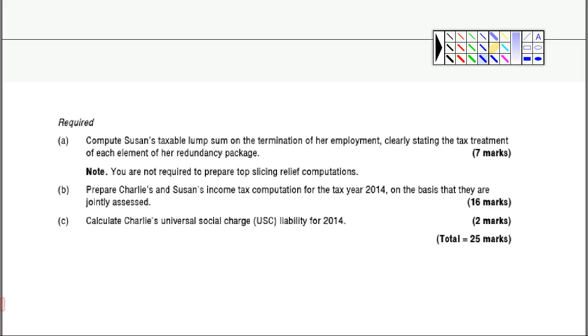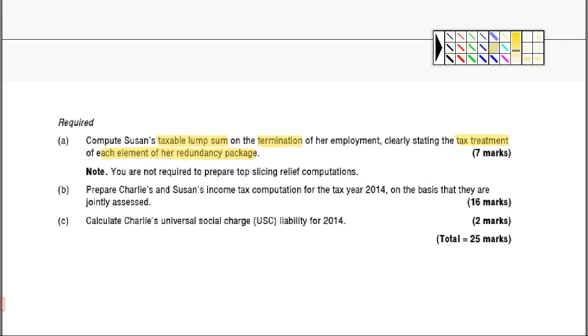So when we look at part A here, we firstly see that we're required to calculate a taxable lump sum based on this individual's termination of employment, clearly stating the tax treatment of each element of the redundancy package. We should know from our studies that when someone's employment is terminated, they will receive a series of different payments.